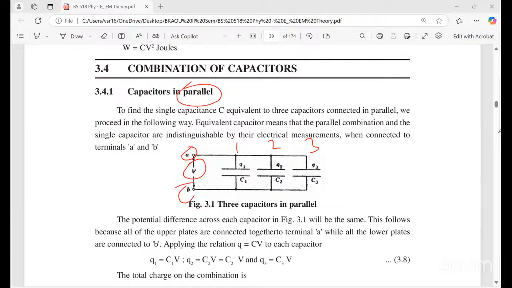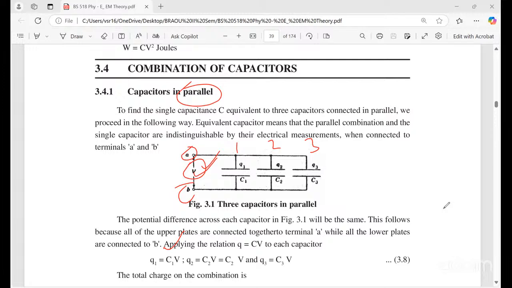Okay. So what is the potential difference across these capacitors? Here the upper plates are connected to the terminal A and the lower plates are connected to the terminal B. And what is the relation? C equals Q by V, or Q equals CV. So what is the charge on the first capacitor? C1V. Why? Because here the potential difference is same.